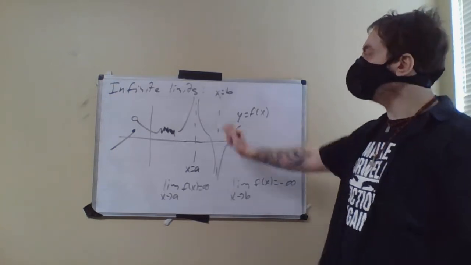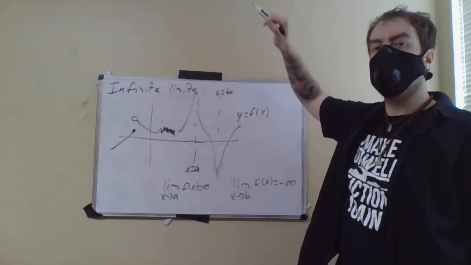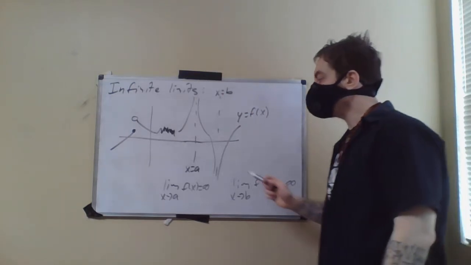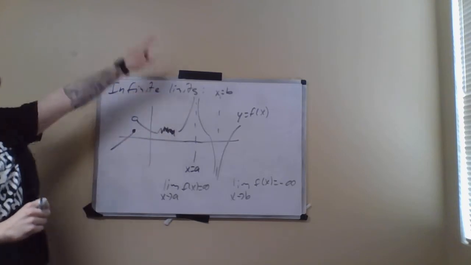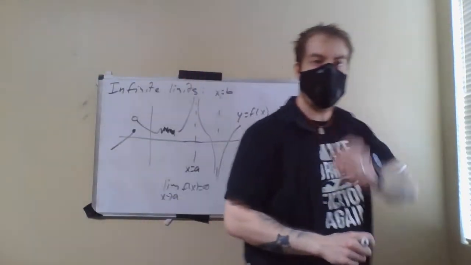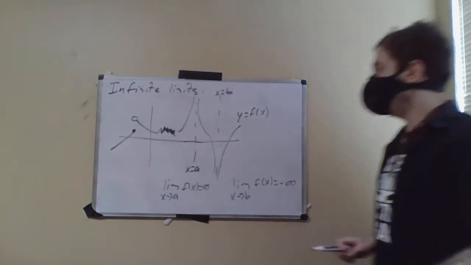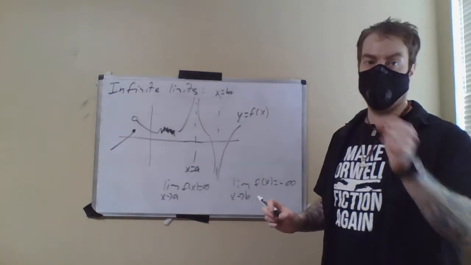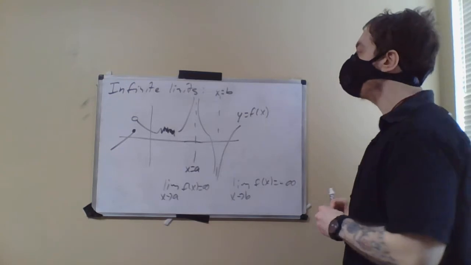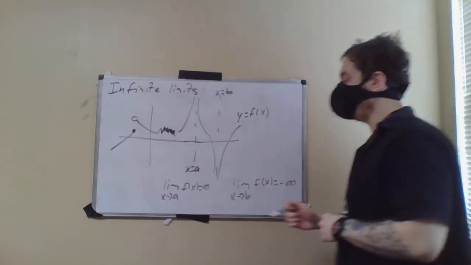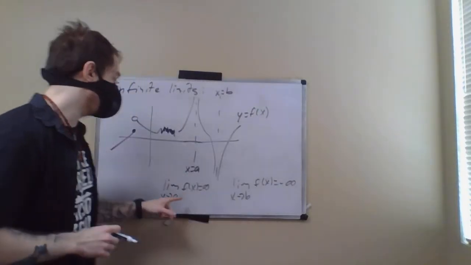However, it does have interesting behavior near a, and we want to capture that by saying the limit is, it blows up to infinity. That's what the function is doing there. It doesn't have a number as a limit, but it does blow up to infinity, and so in that sense, we write it with the same notation.